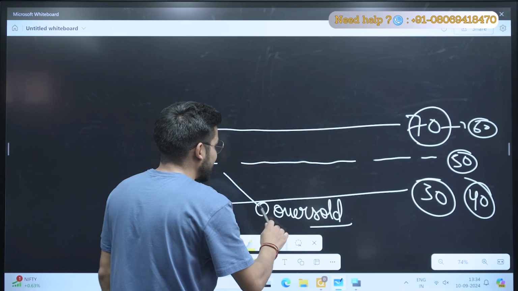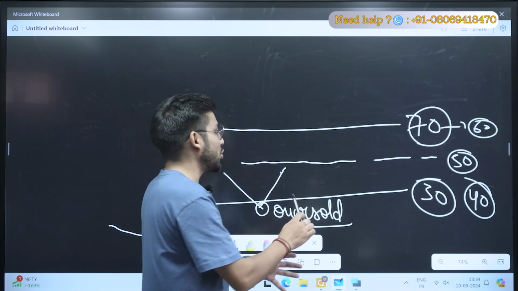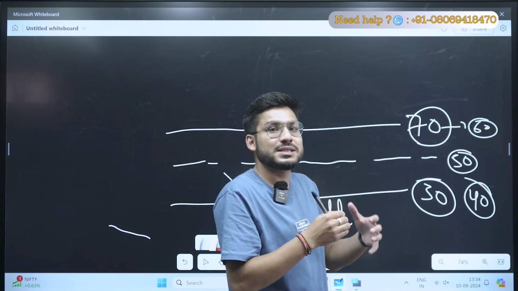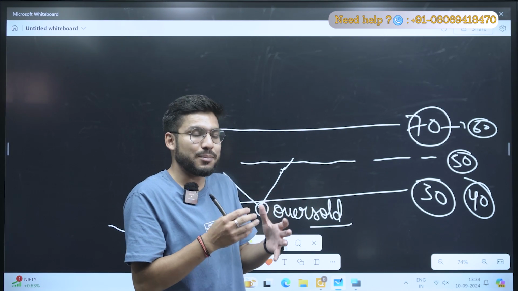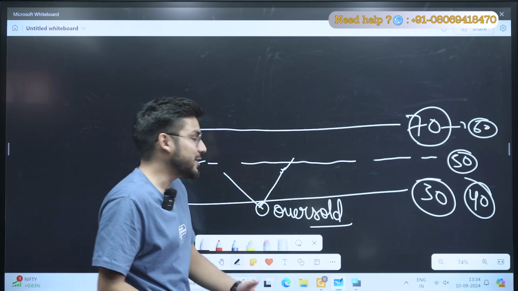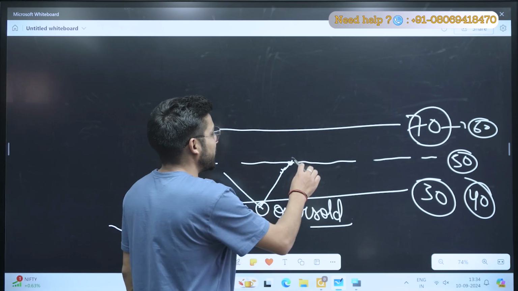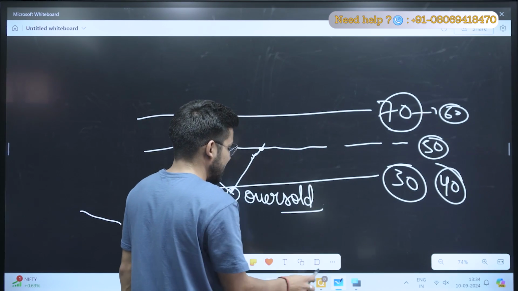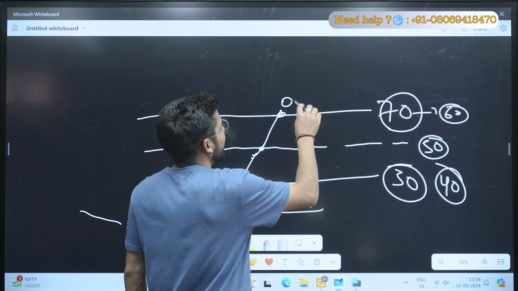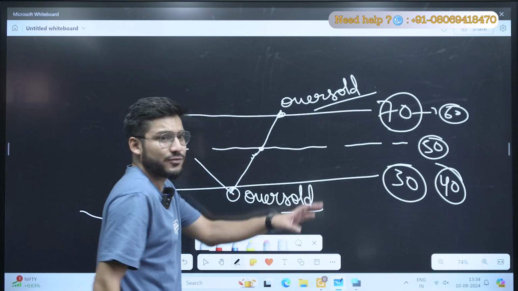Similarly, if my market is going from oversold to this region and it crosses my 50 level, there is a scenario that now there is some aggressive buying and the market has the strength to go further in the upward direction. That is the 50 level for you. If at any point of time my market is above this 70 level or 60 level, the market is overbought, and it can fall anytime. That is the prediction from the RSI.